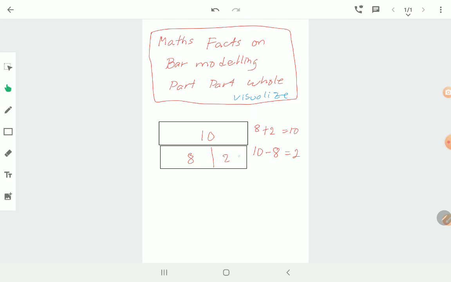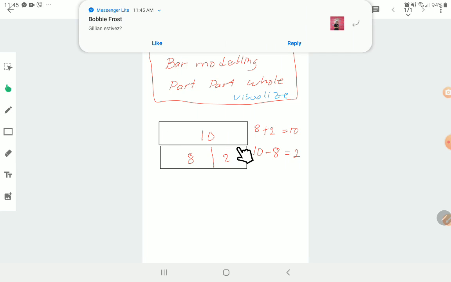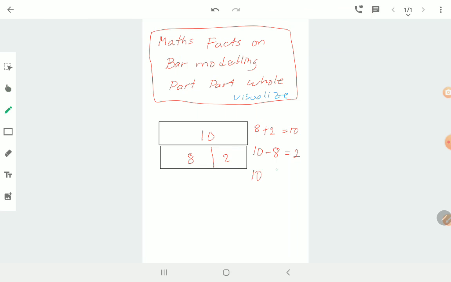Or in the same manner, 10 take away 2 will give you 8. So it is very important that you can actually visualize or draw all the implications about this. Like 10 take away 8 will give you 2. 10 take away 2 will give you 8. And 8 plus 2 will give you 10. So those are the mathematics facts that you need to know.